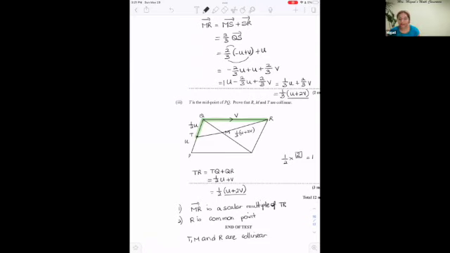For collinearity, you must show that one is a scalar multiple of the other, and you must state that they share a common point. That is how you show collinearity. Any questions?